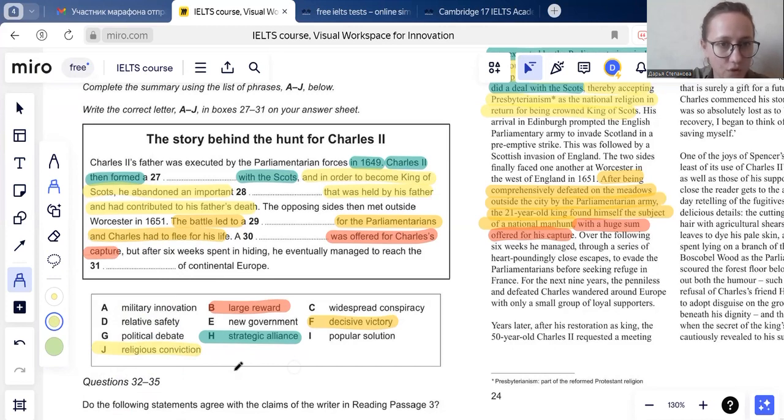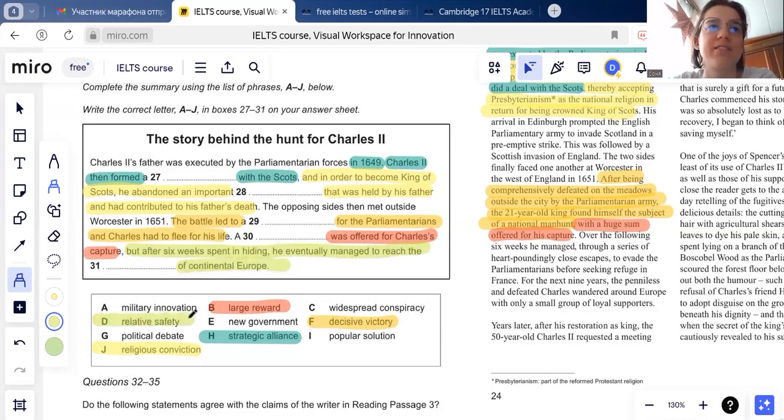D, that is correct. Sonia? But after 6 weeks spent in hiding, he eventually managed to reach the relative safety of continental Europe. Okay. Over the following 6 weeks, he managed, through a series of to evade the parliamentaries before seeking refuge in France.